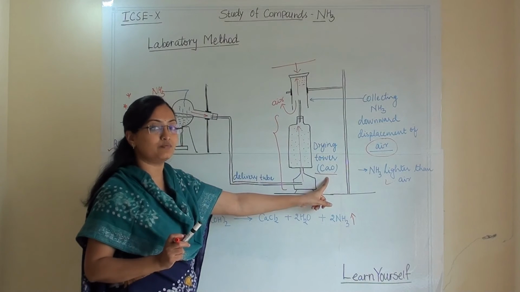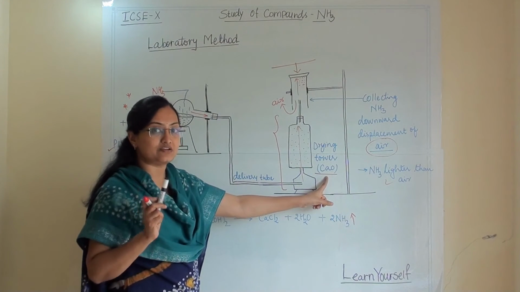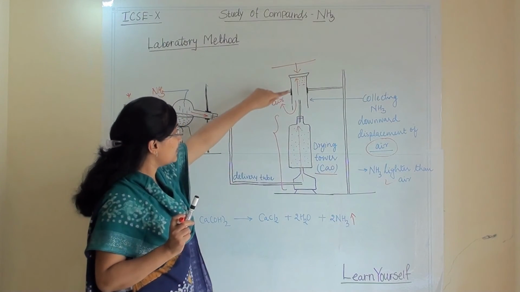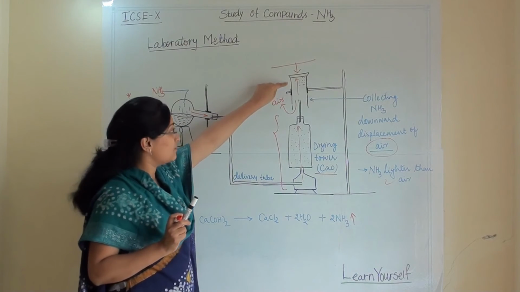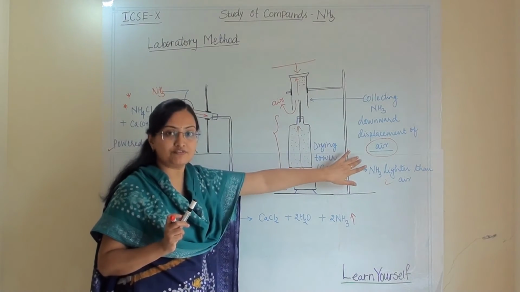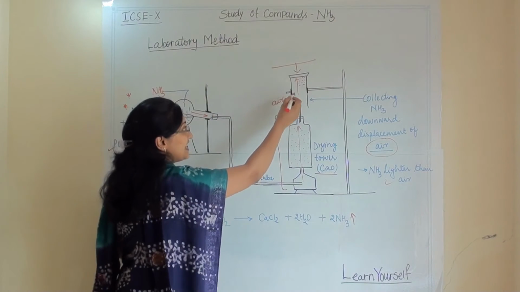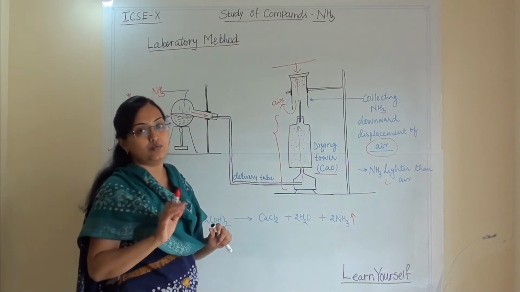In the drying tower, the reagent is calcium oxide, which is an anhydrous reagent. It will absorb all the moisture, and then we are collecting ammonia into the gas jar via downward displacement of air, because ammonia is lighter than air. So it will displace the air, and this jar will be completely filled with the ammonia.